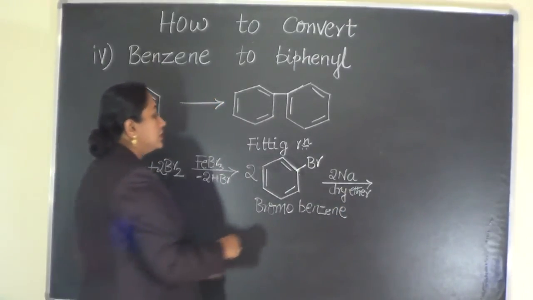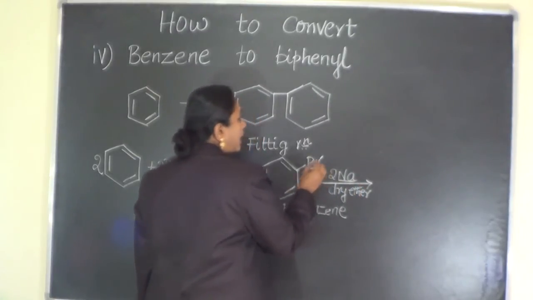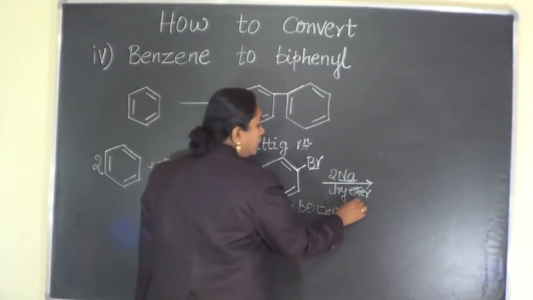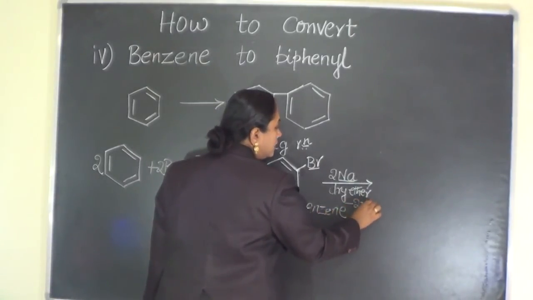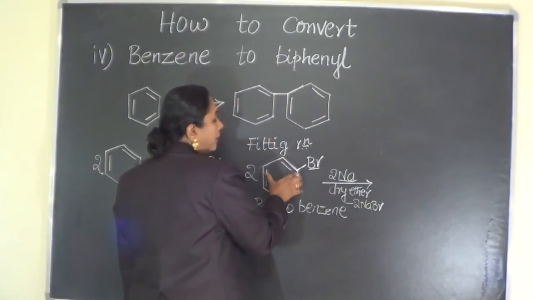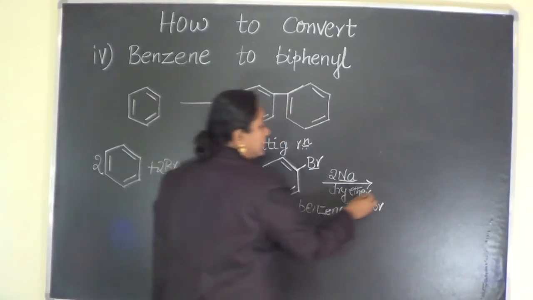So now what happens? Two molecules of Na will combine with two Br, one from each of the rings of benzene, and go out as 2 NaBr. Now from this position, both the benzene rings take an attachment and become a compound like this.